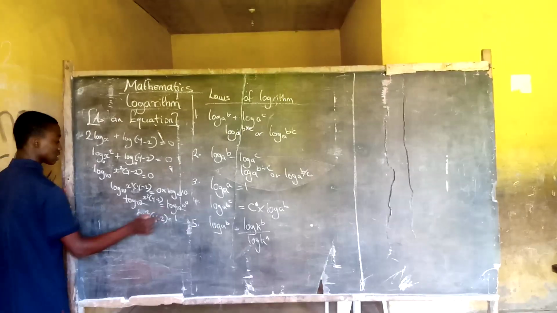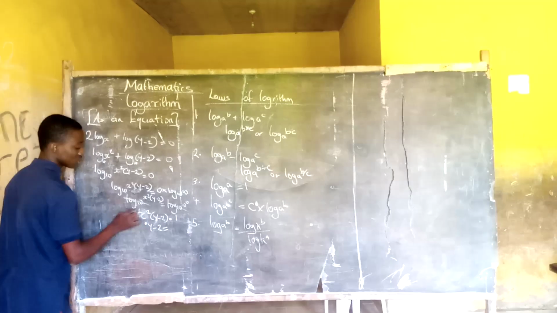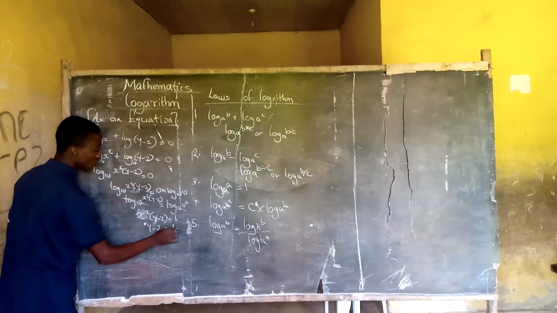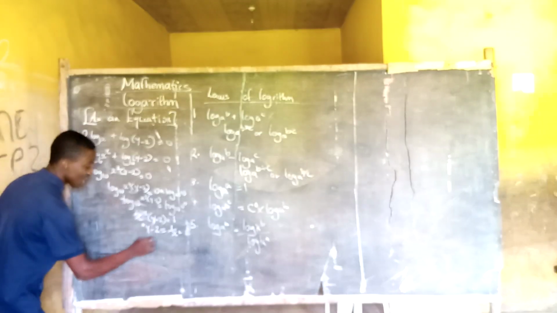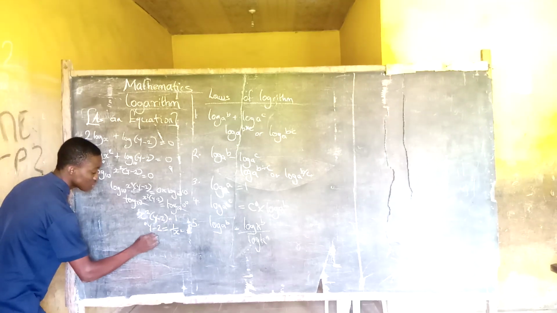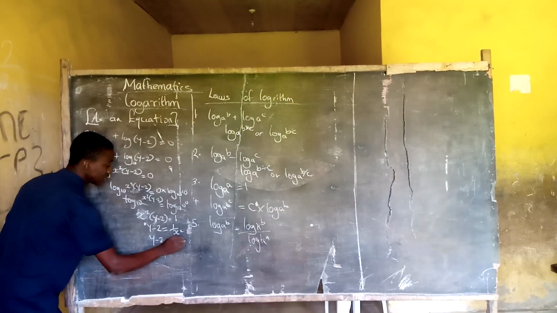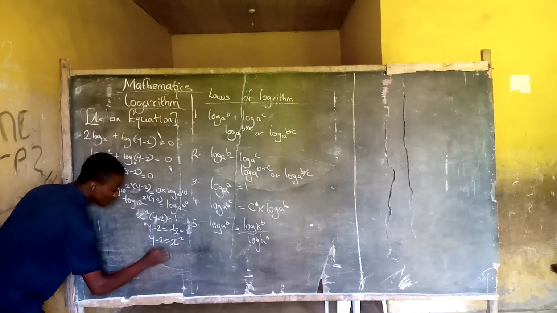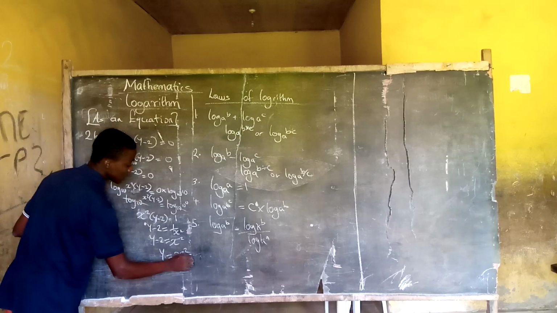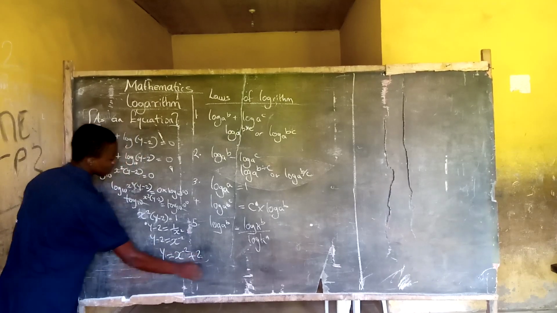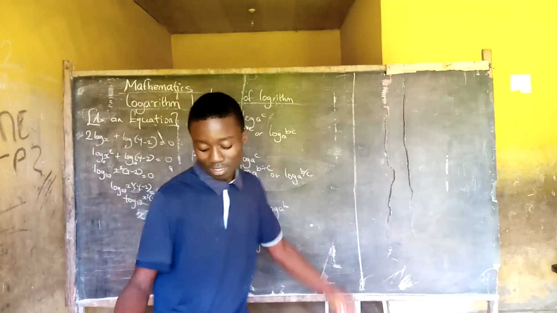So x is going to cross and not y crossing, because y minus 2 equals 1 all over x squared. Now I can take it up, it becomes y minus 2 equals x to the power of negative 2. And taking 2 here, y equals x to the power of negative 2, then plus 2. That's how we do it.